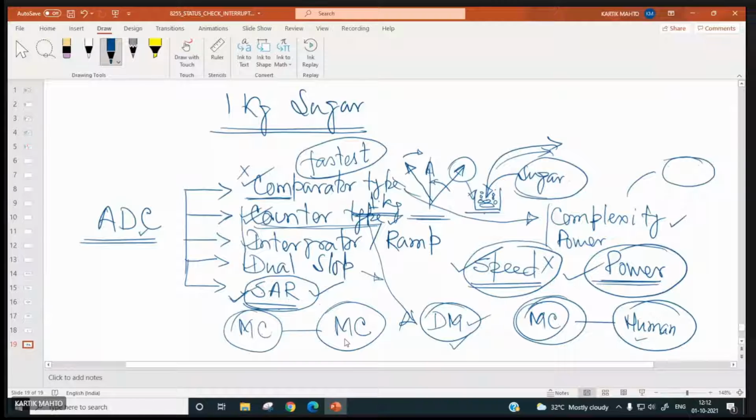Machine to machine means this ADC is one machine, and the other machine is your processor. Whenever you are looking for this type of application, you must use SAR, and in all other applications you can use the other types of ADCs. In the next class I will tell you further about SAR and its interfacing.